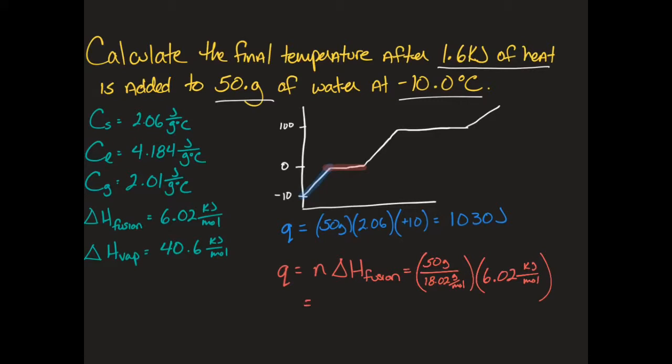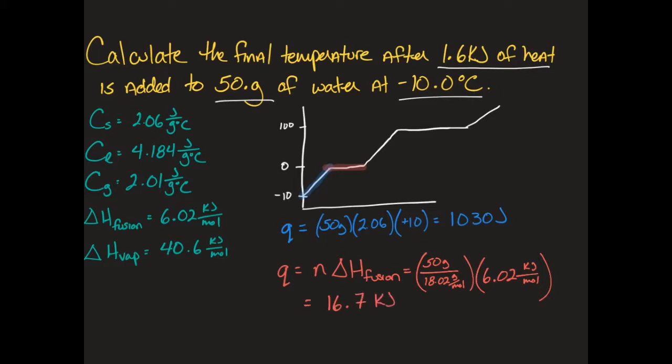Okay, so the heat here, so 50 divided by 18.02 times 6.02. We'll do 3 sig figs, 16.7.